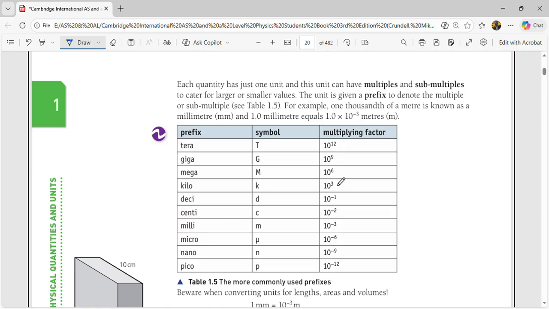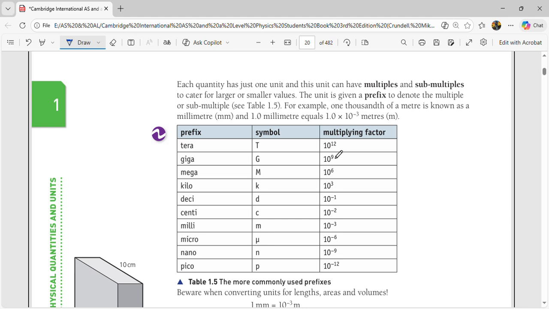Tera is exponent 12, so meaning terabyte is something related to this. Teranewtons, so 1 teranewton is equal to 1 times 10 to power 12 newtons.